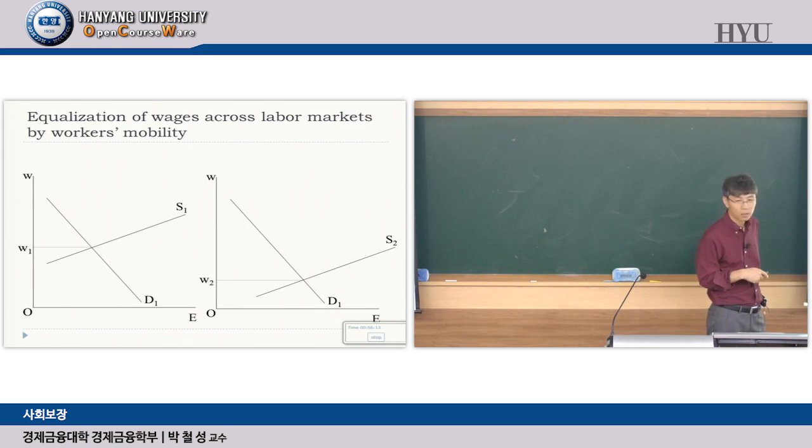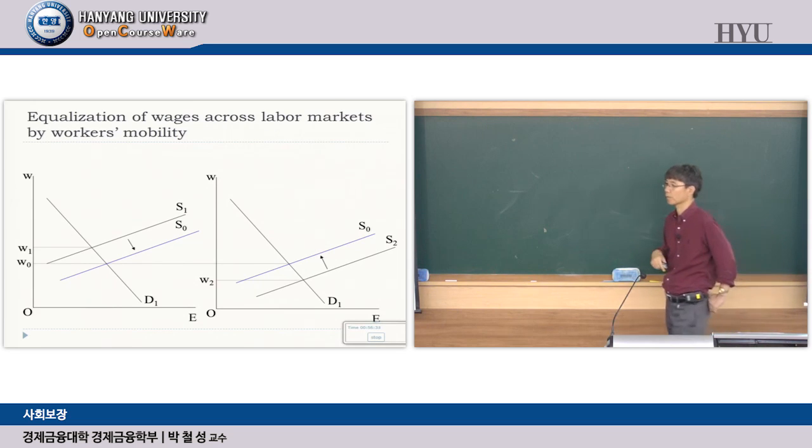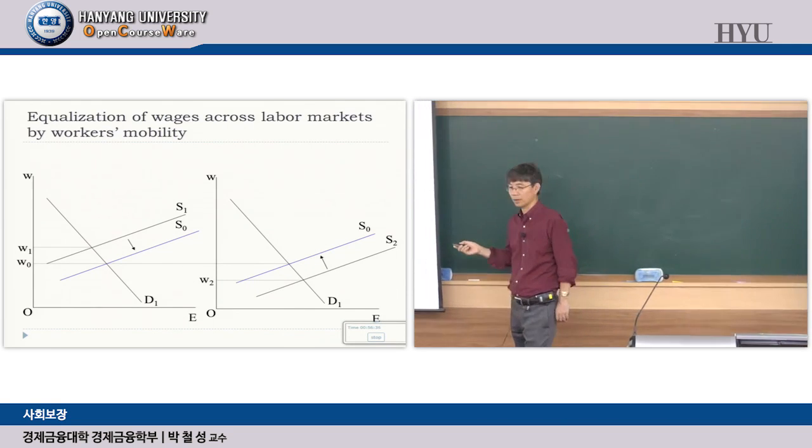Then what happens? If you're a worker, obviously you want to move to a place where you are paid more. So at Busan, people will just move out. In Seoul, people will move in. So labor supply will shift to the right in Seoul and shift to the left in Busan. At the end, the wages are going to be the same.